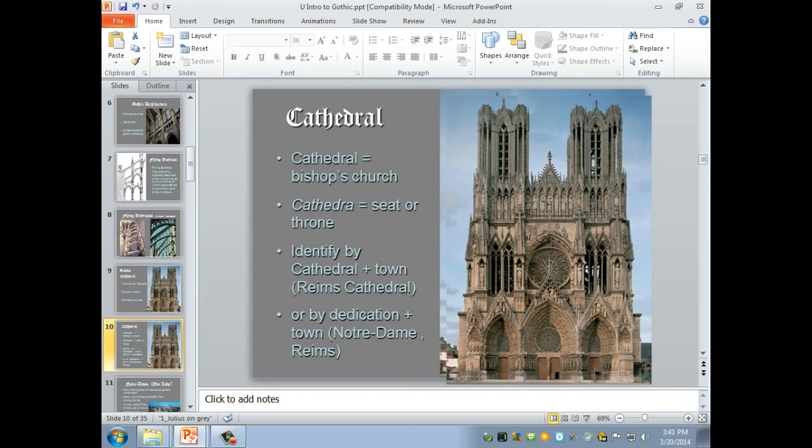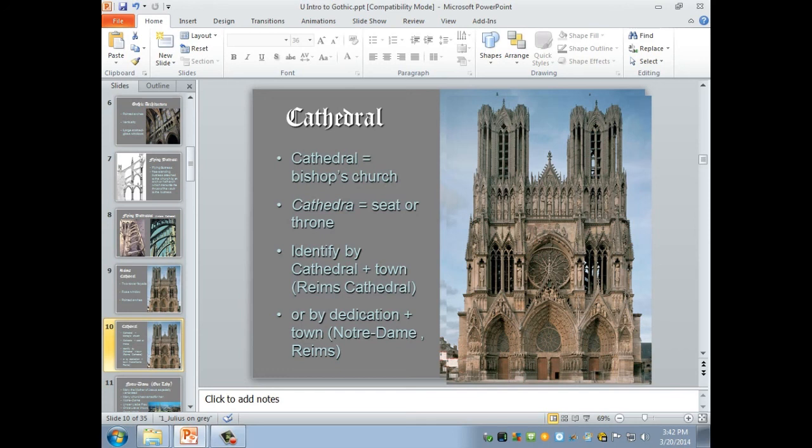And there's another way you can identify it, by the dedication. Churches all have dedications. They are dedicated to a saint or a holy event. So they might be dedicated, for example, to the Virgin Mary, as this one is, or let's say to the Assumption of the Virgin, a holy event. And so you can give the dedication.